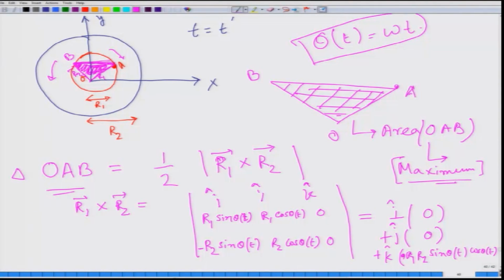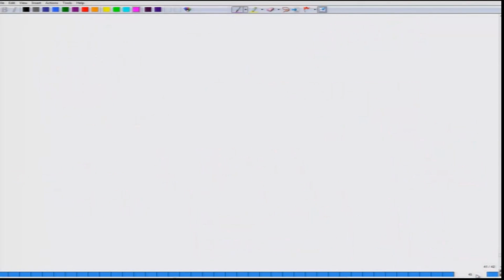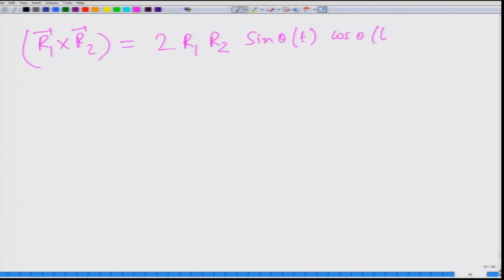So I get 2 r1 r2 sin theta(t) cos theta(t). So this is the value of r1 cross r2. So r1 cross r2, as we get from the previous line, was 2 r1 r2 sin theta(t) cosine theta(t). Why am I writing cosine theta(t) and sin theta(t)? Because theta is not a constant, but it is a function of time.